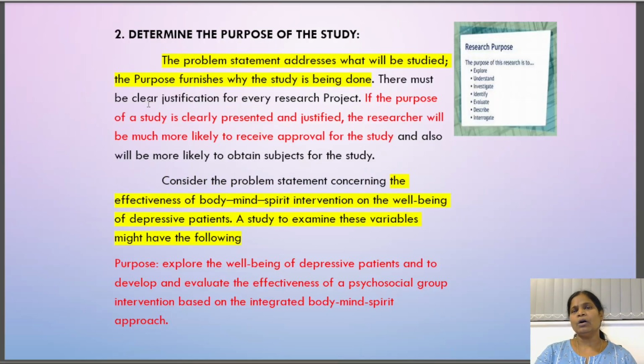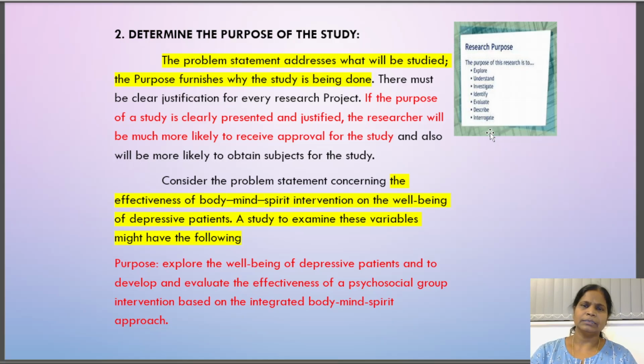Moving on to the next step, determine the purpose of the study. Once you frame the problem statement, it will address what will be studied, for what it is studied, and why the study is being done. Research purposes are to explore, understand, investigate, identify, evaluate, find out, describe, interrogate.